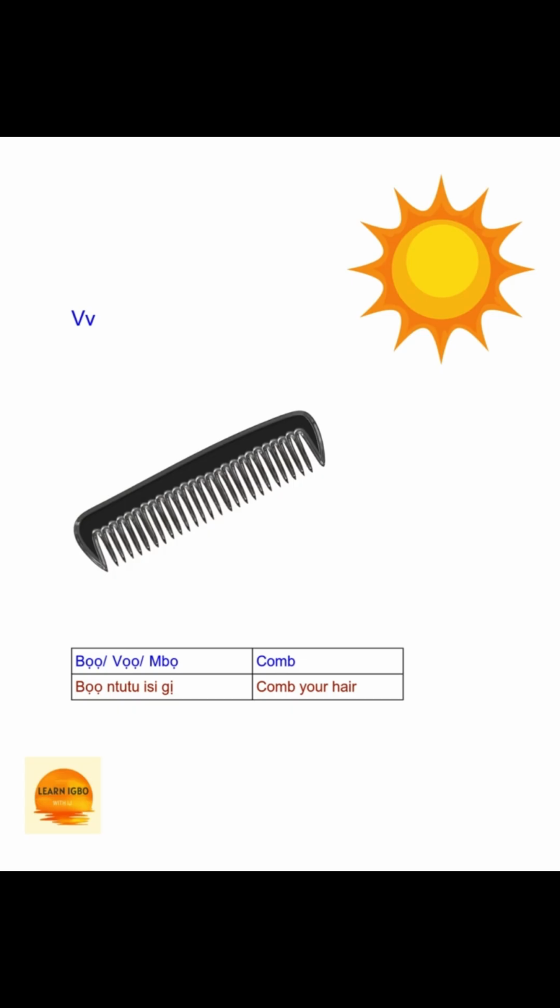Actually, the mbo means comb, but when you hear ga bo isigi, what is being said is go and comb your hair. Some people will say je vo isigi. It's the same thing. Go and comb your hair. V, vo. Thank you. Ka ọ dịbanụ.